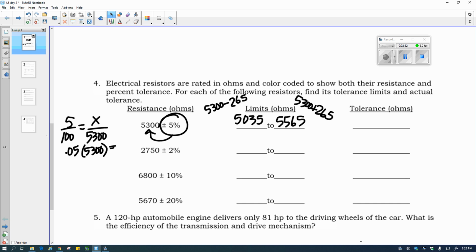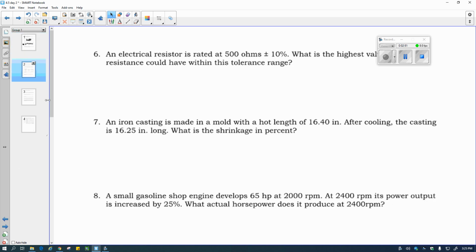And so we would say my tolerance goes from 5,035 to 5,565, or I might say that I have a tolerance of, I just want to double check and see if they write it in a different form.